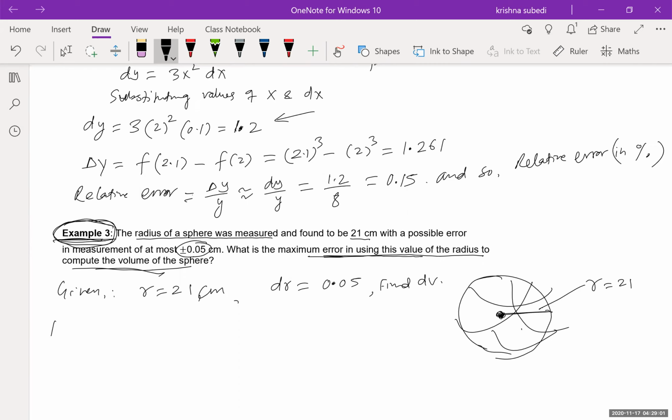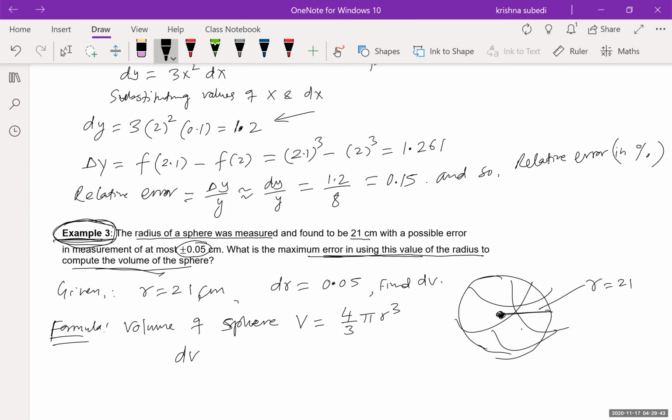In the previous example we were given the function, the equation, the formula, but here it's not given, so you can write the formula or function by yourself. The formula for the volume of a sphere, can you tell me what that is? 4/3 pi r cubed. Excellent. Now you can do it easily.